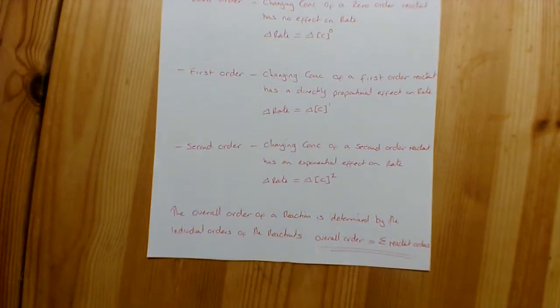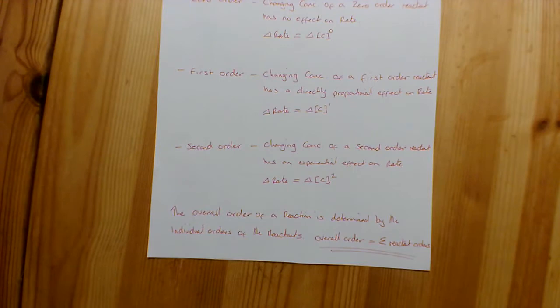The overall order of a reaction is determined just by the sum total of the individual orders of the reactants. So if I had two reactants, one of them was first order, one of them was second order, the overall order of reaction would be third order because you just add them up.